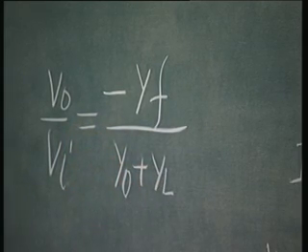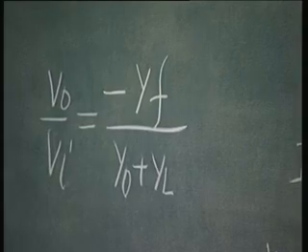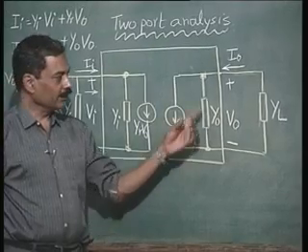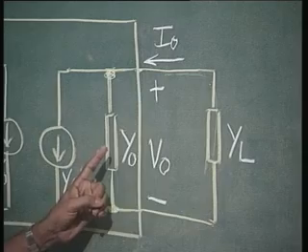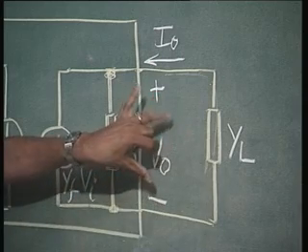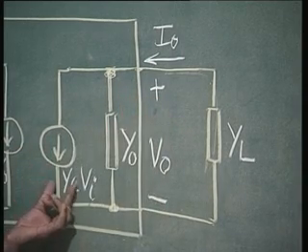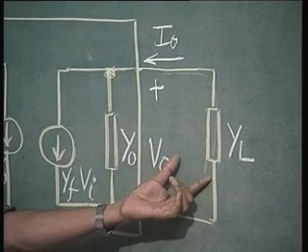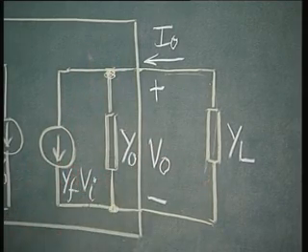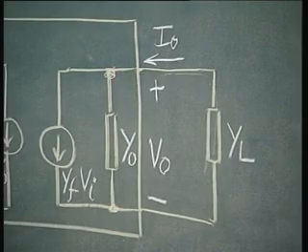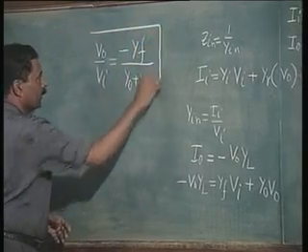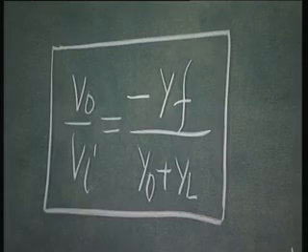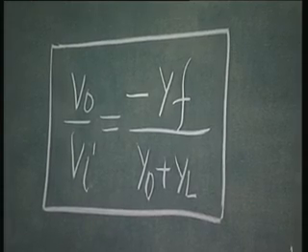In the last class we had very simply evaluated this from the circuit itself. Yf into Vi is the current in this. This current will flow through the total admittance, which is Y naught plus YL. The resultant voltage therefore has to be Yf into Vi into 1 over Y naught plus YL, with a negative sign. That is what we have derived. So, this is an important equation for the voltage gain V naught over Vi.